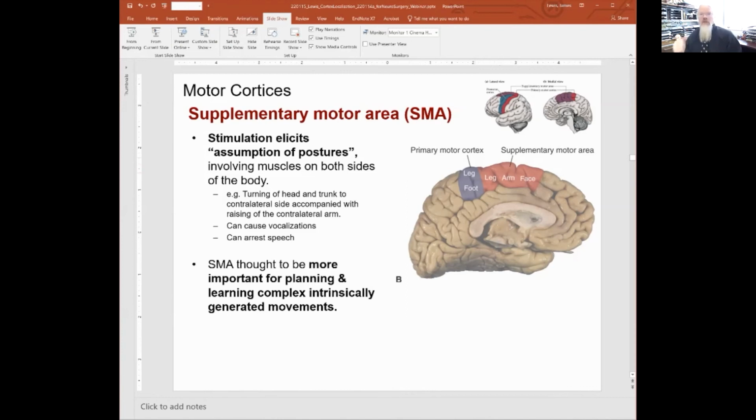So stimulate, and you might have a full trunk type of movement, turning the head and the trunk. Sometimes you can cause vocalizations. You can even lead to speech arrest. So there's some involvement of more fundamental elements of speech processing, or speech production rather. And so this is thought to be more involved with the planning and learning of complex, intrinsically generated movements.